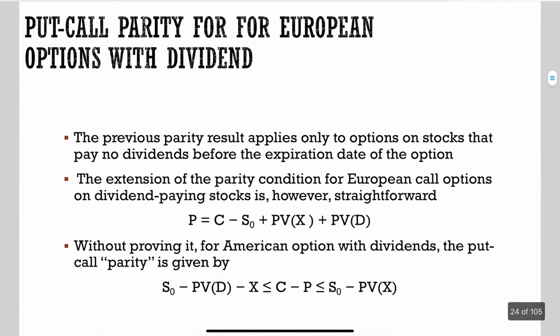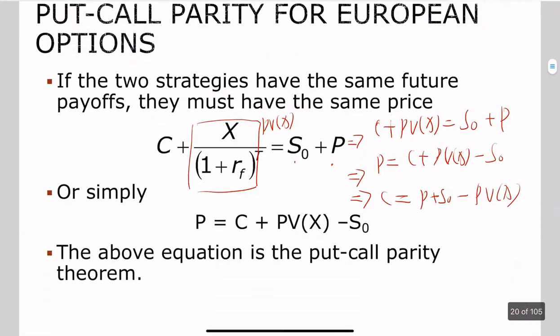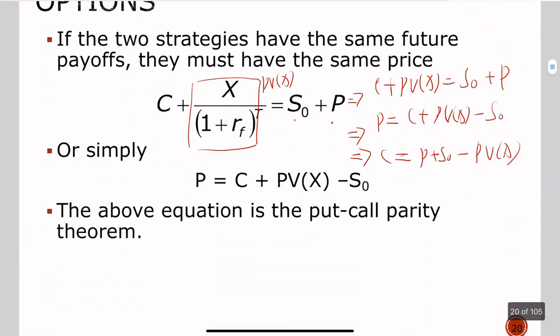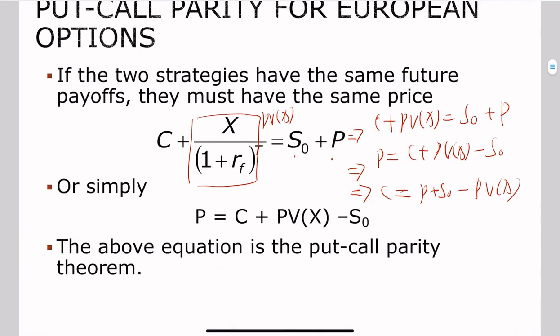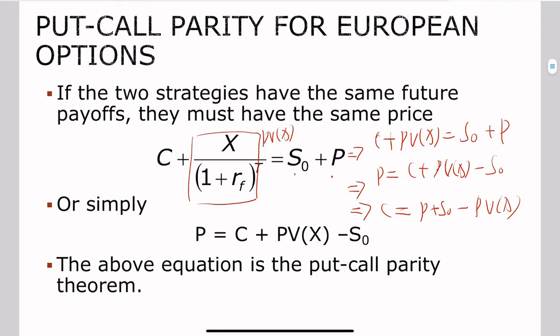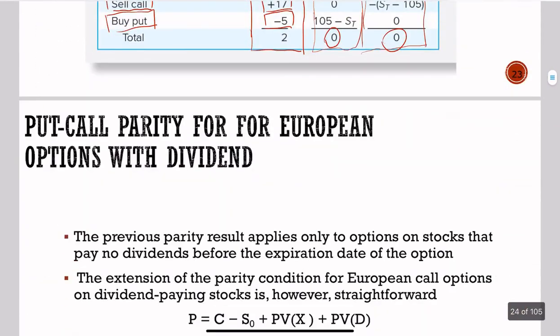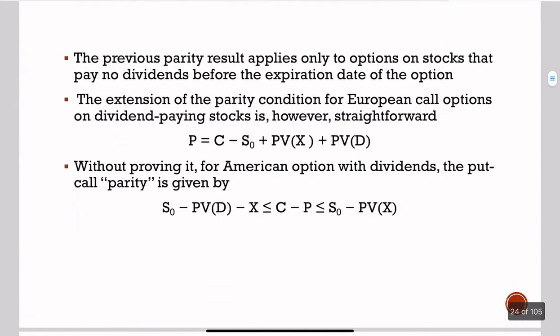It's worth mentioning that this put call parity is a special case. This put call parity here is obtained by assuming there is no dividend, right? But what's the more general case when there is dividend? Without proving it, I will show you that if there is dividend, then the put call parity will be like this.